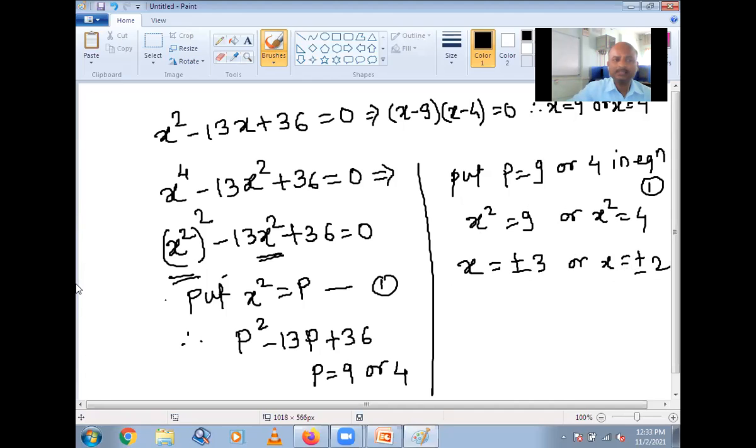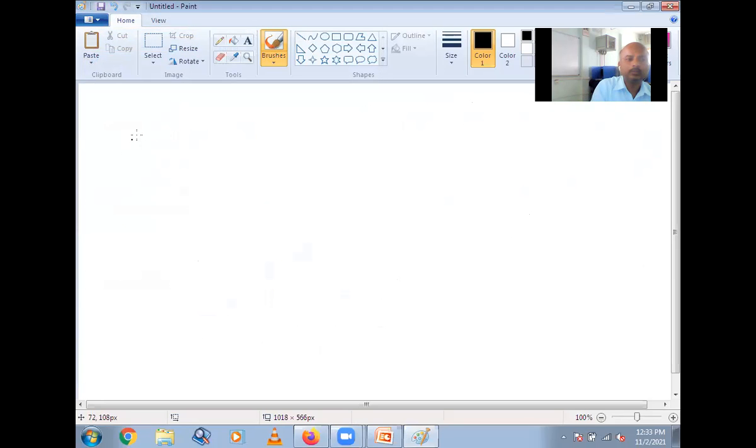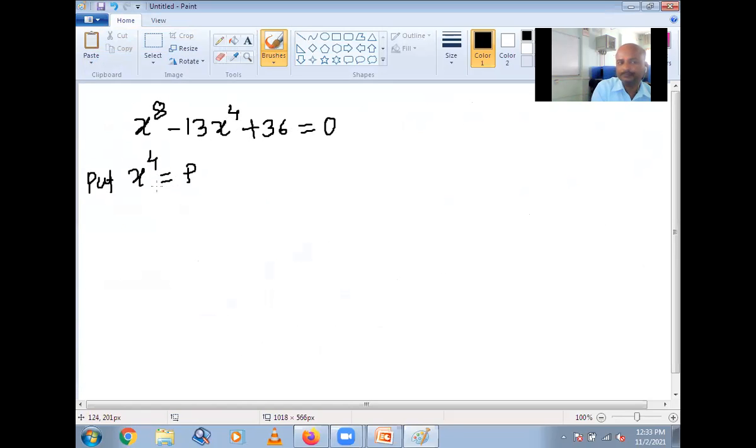Suppose instead of this example, I have given the next example like this: x raised to 8 minus 13x raised to 4 plus 36 is equal to 0. Then here you should put x raised to 4 is equal to p.